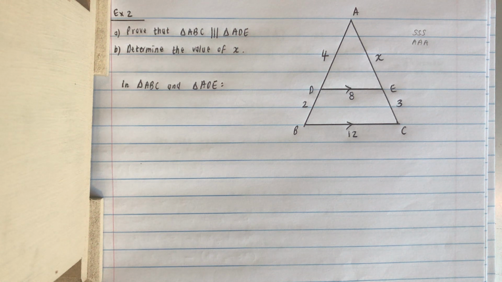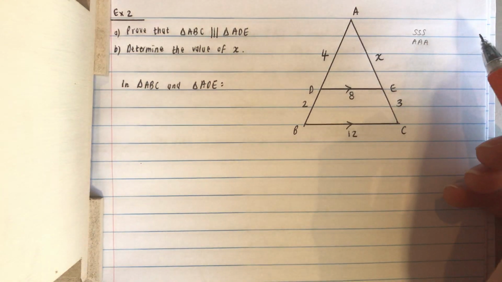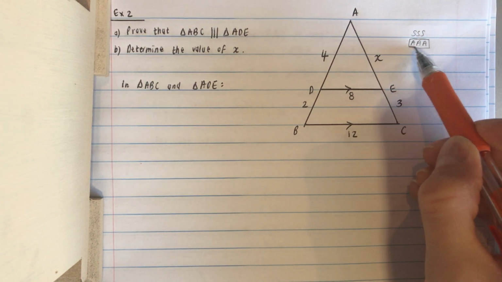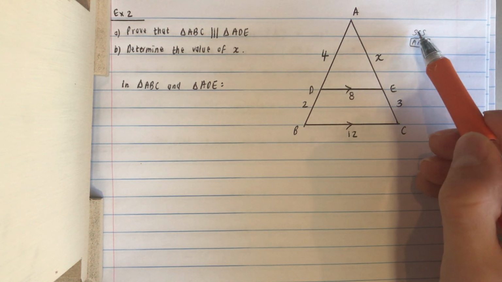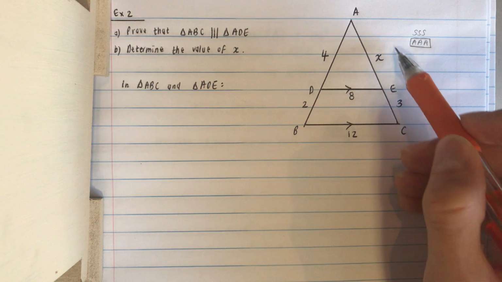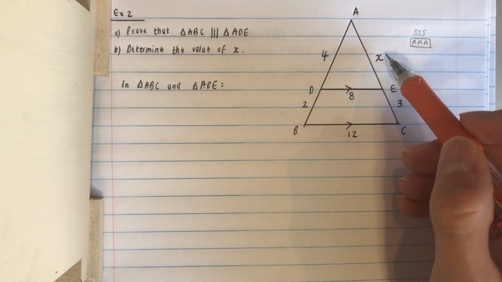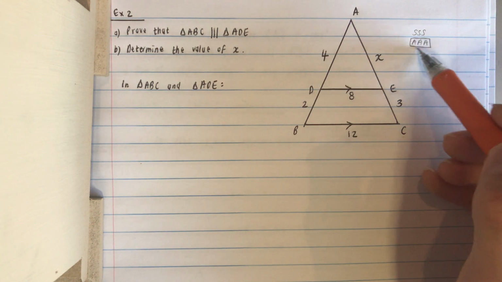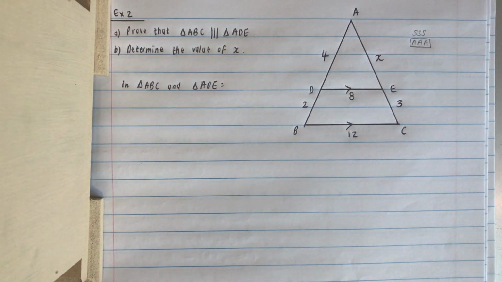It means that all the corresponding sides are in the same proportion, and the AAA means all the angles are exactly the same. Now the one that we think we might be dealing with is angle, angle, angle, because the side, side, side one won't work because we have an X here, meaning that we don't know what this side is. So we're going to work with the AAA condition.